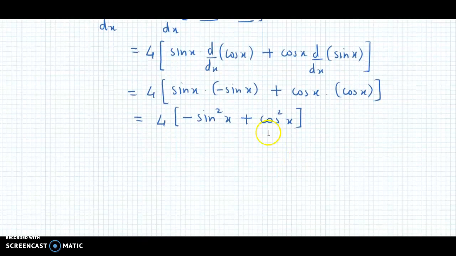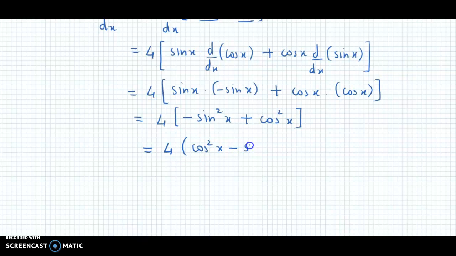Now if we just rearrange the terms, we obtain 4 times cos square x minus sin square x, and we know that cos square theta minus sin square theta is equal to cos 2 theta. So we could write this as 4 cos 2x. So this is the value for dy by dx.